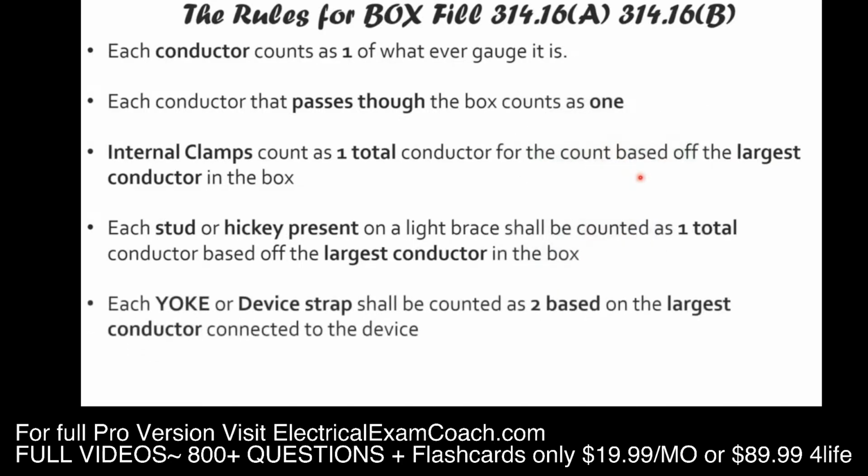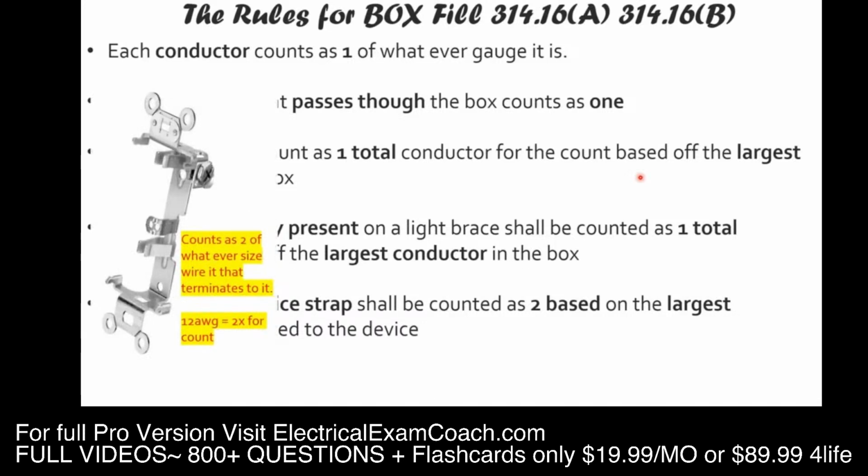Now we need to account for device straps and yokes. What the code states is that for each device, strap, or yoke, it's going to be counted as 2 based off the largest conductor that's connected to the device. As we learned earlier in the program, this is a device yoke, or what we call a device strap. So each one of those, and how I like to think about it, is each gang of a box.